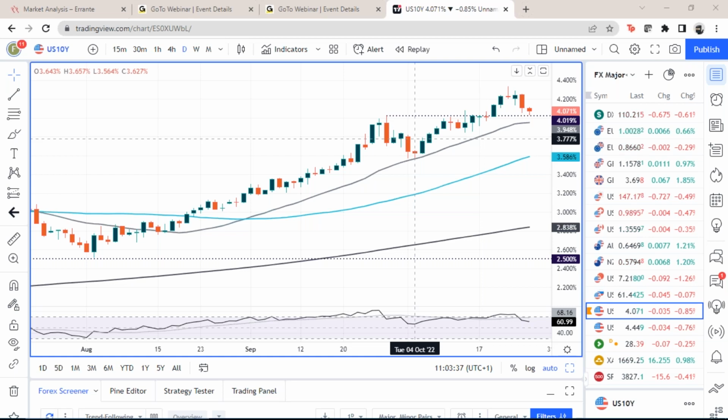So this article has gained quite a lot of attention. It was released on Saturday, affirming the market idea that the Fed may begin to downshift from 75 basis point hikes, perhaps already after the November meeting.